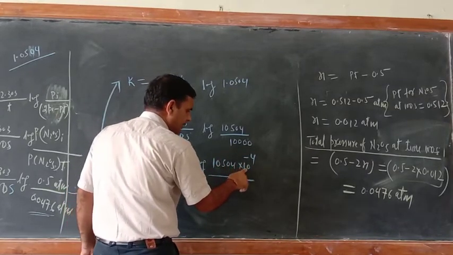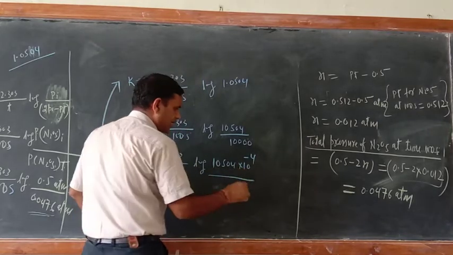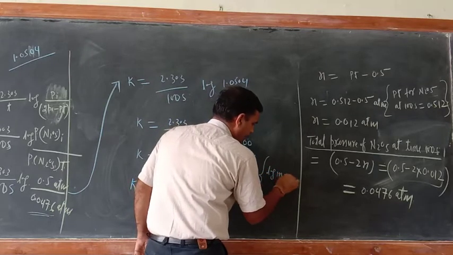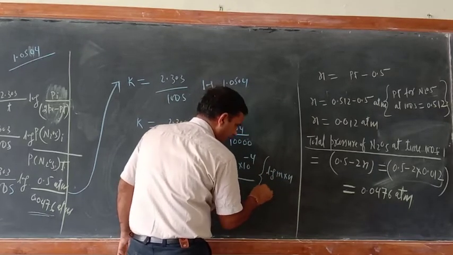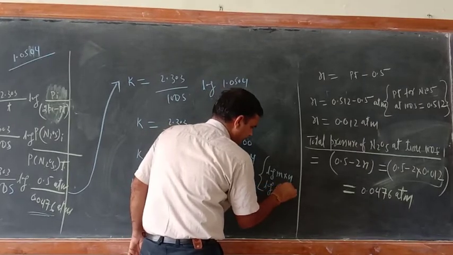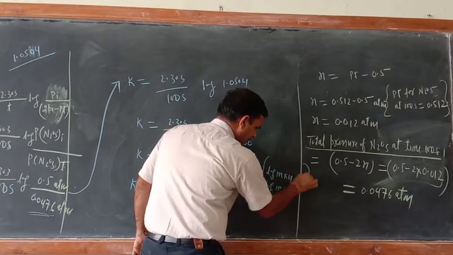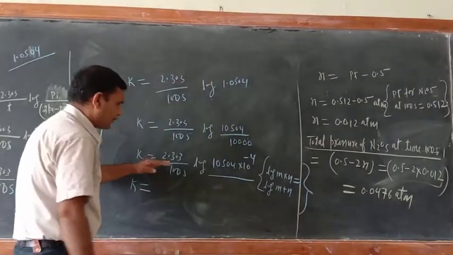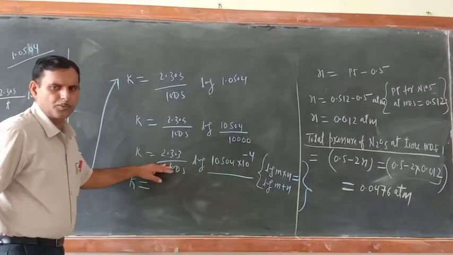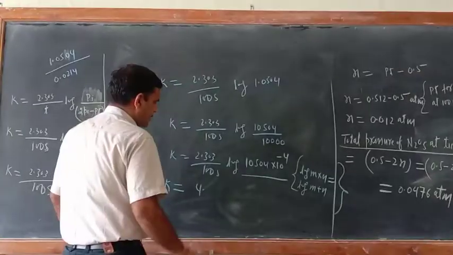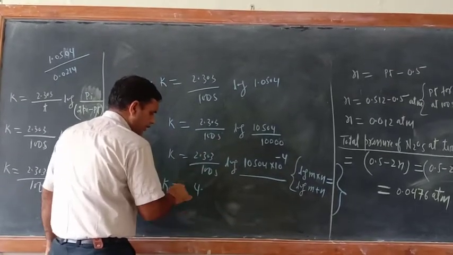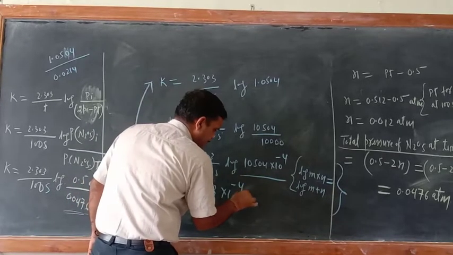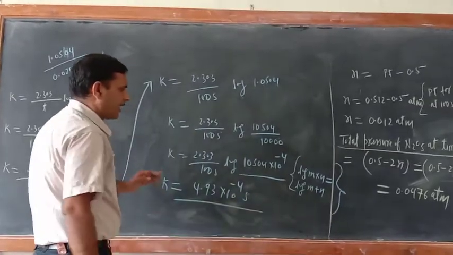Now you can simplify minus 4 also. There is a formula: log m into n equals log m plus log n. So if you solve everything, you will get k equal to 4.93 into 10 raised to the power minus 4 per second. That is the final answer.